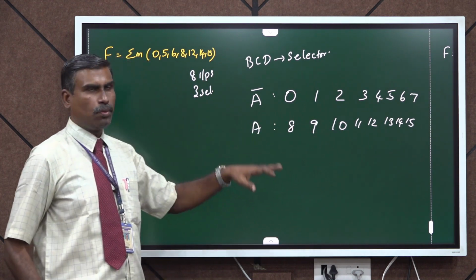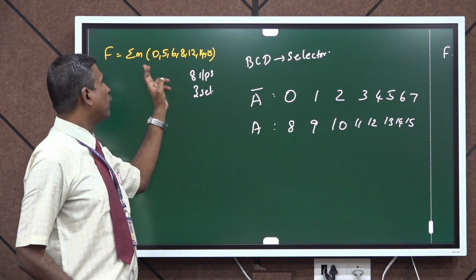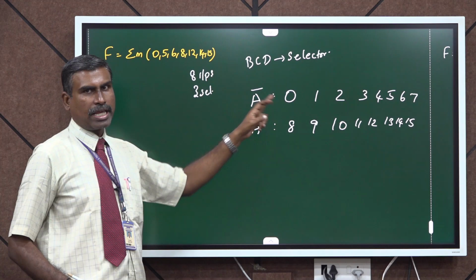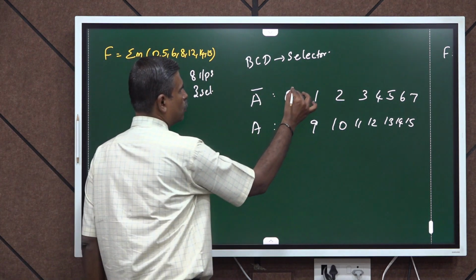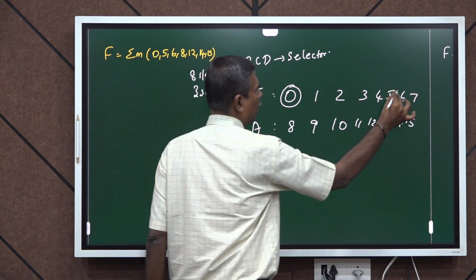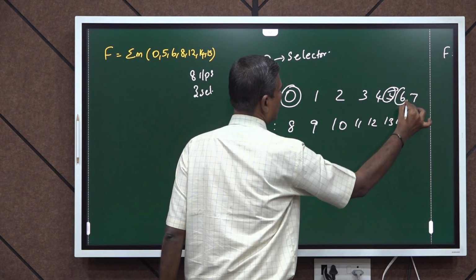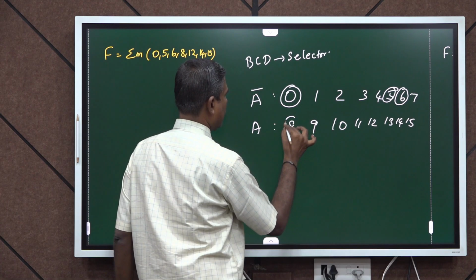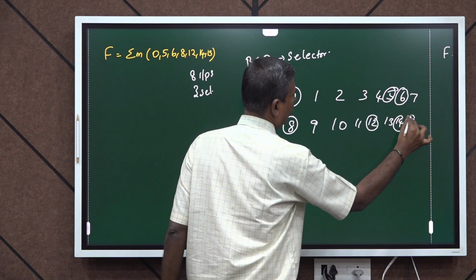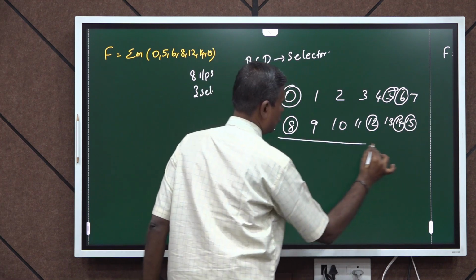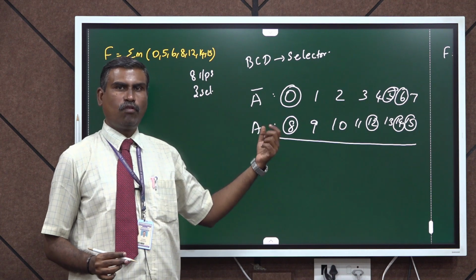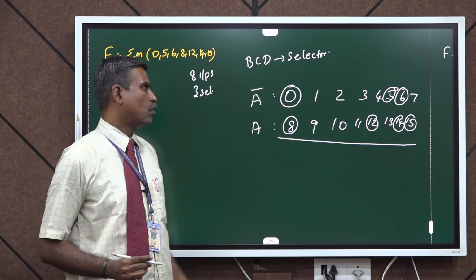Now we take the problem. For the given minterm values, we circle these values in this tabular column: 0 is given so 0 is circled, 5 is circled, 6 is circled, and then 8, 12, 14, 15. By examining each column, we get the value for the 8:1 mux.